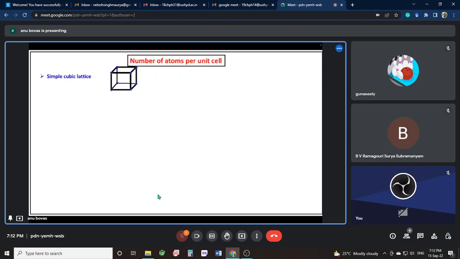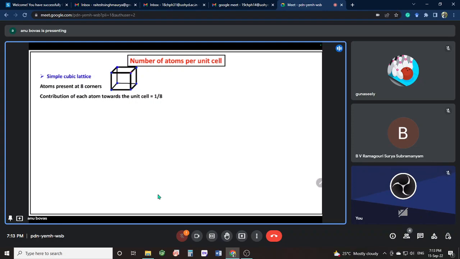Simple cubic lattice. Simple cubic lattice means it has atoms present at all the 8 corners. Okay, so the number of atoms per unit cell is an important concept because many of the questions will be asked based on this. So we should know how many motifs are present in each Bravais lattice. First one, we will discuss the simple cubic lattice or primitive lattice in which atoms are present only at 8 corners.